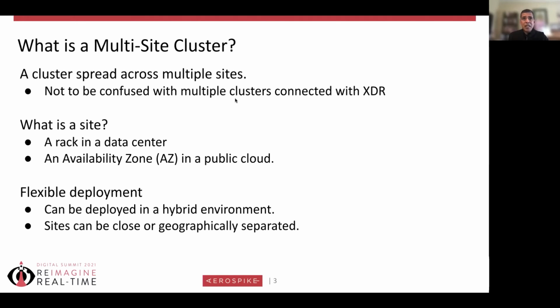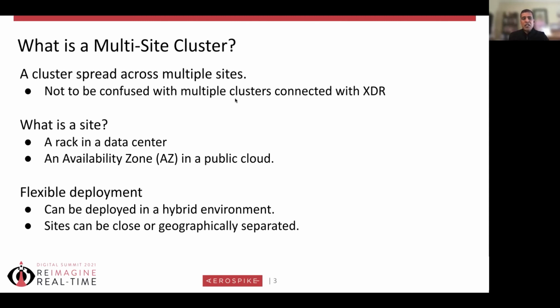One is a multi-site cluster is a single cluster, whereas in the XDR setting, you have multiple clusters involved. Second difference is a multi-site cluster has updates that are synchronized across all its replicas or all its sites, whereas XDR allows loose synchronization of data across multiple clusters.